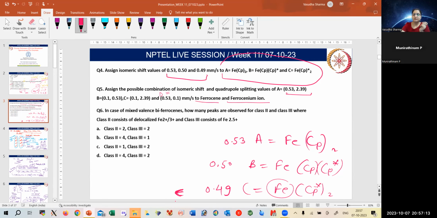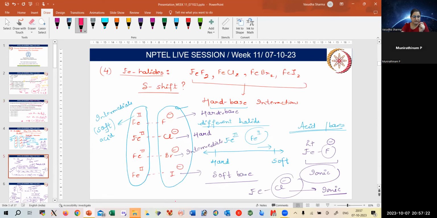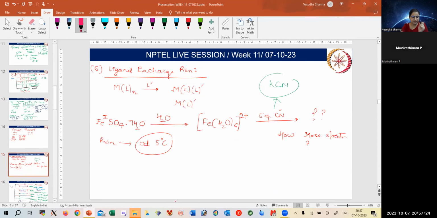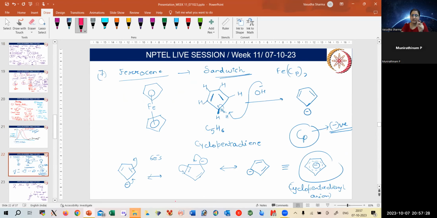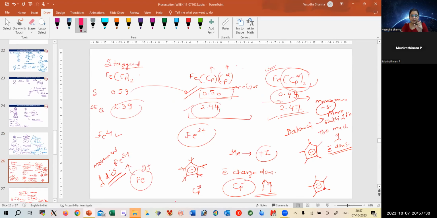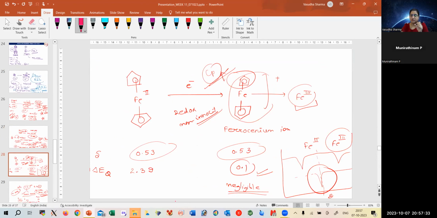It is fine. But is the value the same for both of them or different? Different, ma'am. Just see this one. No, isomeric shift is the same, ma'am. But delta EQ is different. That I understood. But why is the isomeric shift the same for ferrocene and ferrocenium?